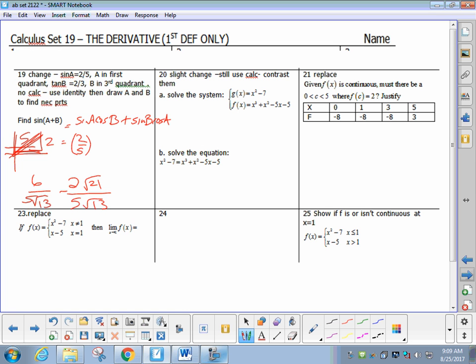Now, cosine is adjacent to hypotenuse. I need the adjacent side. What's the adjacent side? Root 21, okay. This is angle A. Does that help me find cosine B? Not so much, but I'll need this later, so hang on with that.